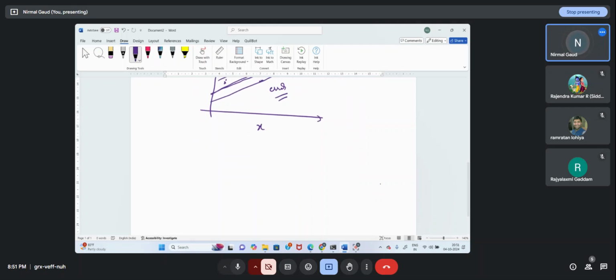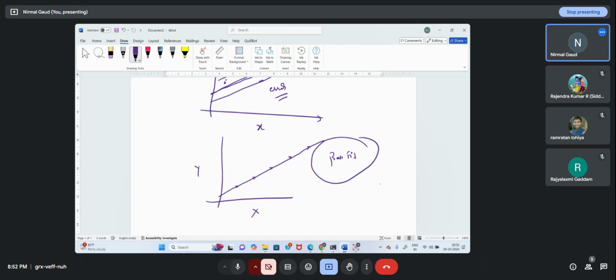It has been said that all the training points should be captured by the line. So if this is x, this is y, and if you plot between x and y, for example, these are the points coming, and if you make a line and all the points are captured by the line, this is the best fit line. But beware, you may be trapped in an overfitting. This is training data.